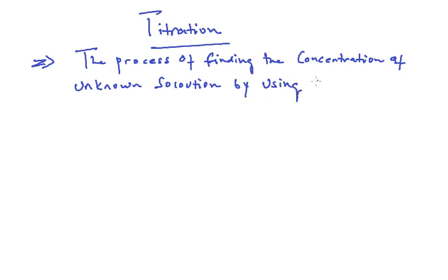So that's what titration means. In different literatures there is a different definition, but the basic concept of titration is by using the standard solution, you're going to determine the concentration of the unknown solution.